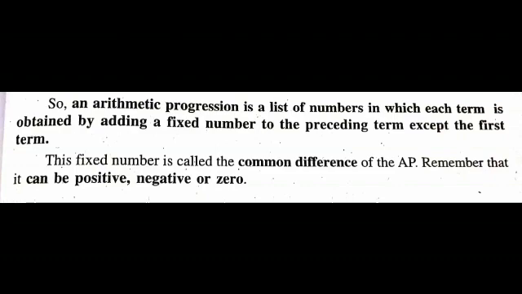Remember here that this common difference can be positive, negative, or 0. Now you can see here that a, a plus d, a plus 2d, a plus 3d, and so on represents an arithmetic progression where a is the first term and d the common difference.